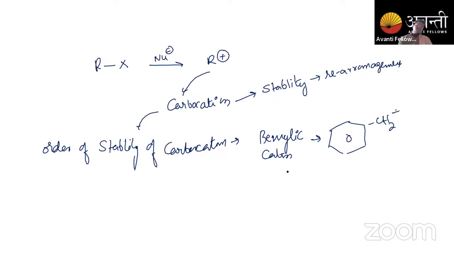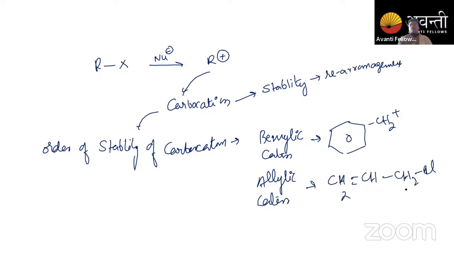This is the benzyl cation. Next is the allylic cation, that is CH2 double bond CH, CH2 Cl. I told you, sp3 carbon surrounded with sp2 is called an allylic cation. Cation means here you will get plus, and this will move away. So now why these two?